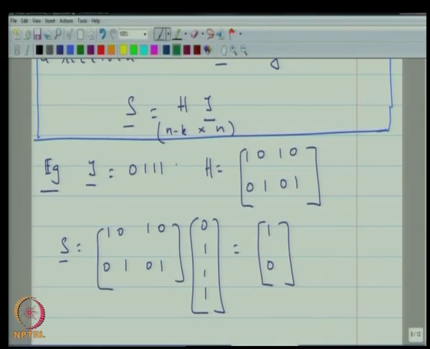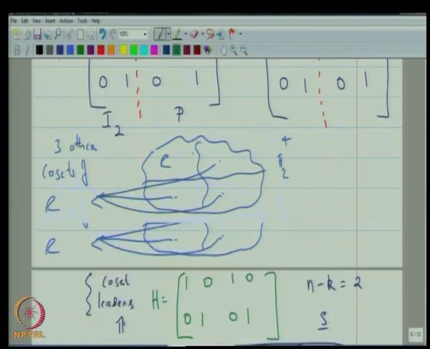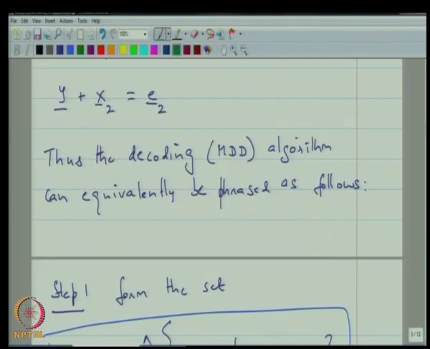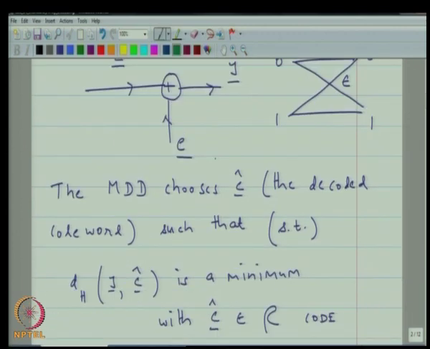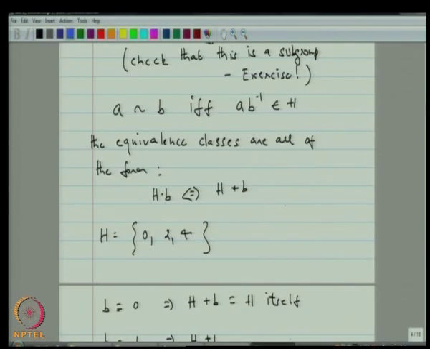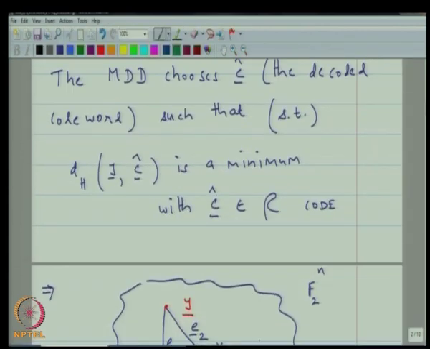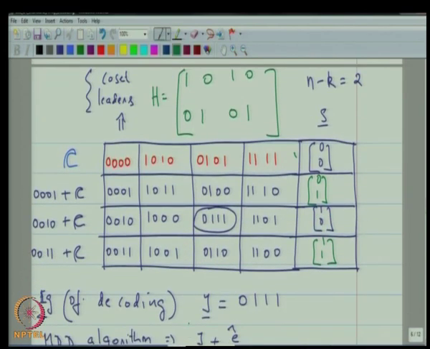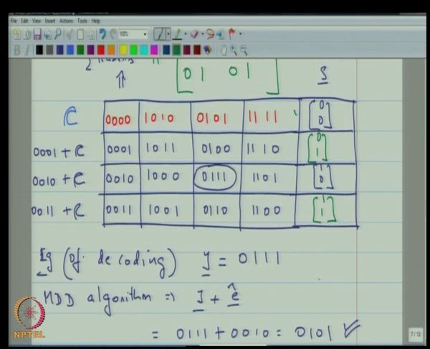And in fact, in this particular example here, we could have seen the decoding as being carried out like this. So, here is 0 1 1 1.